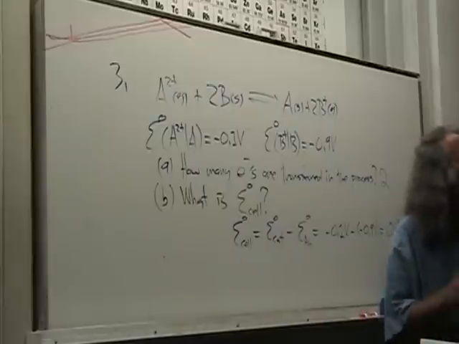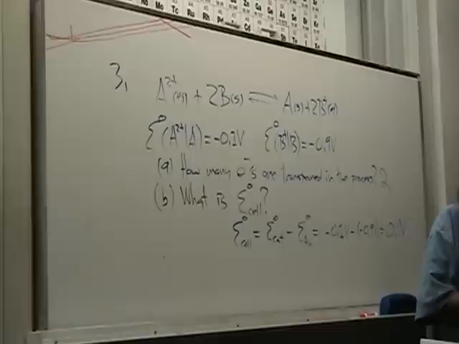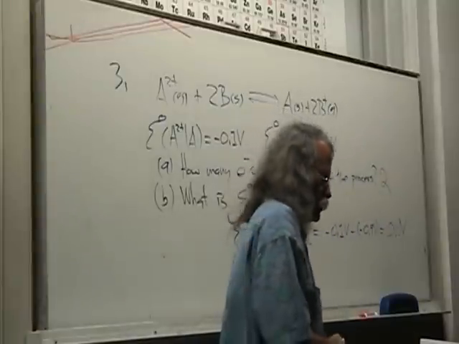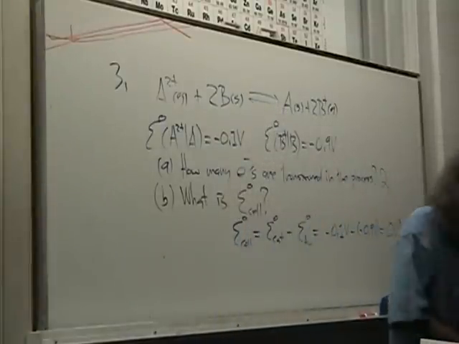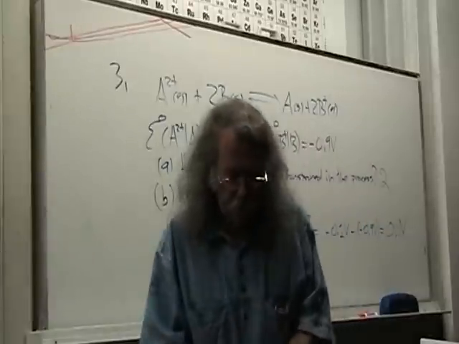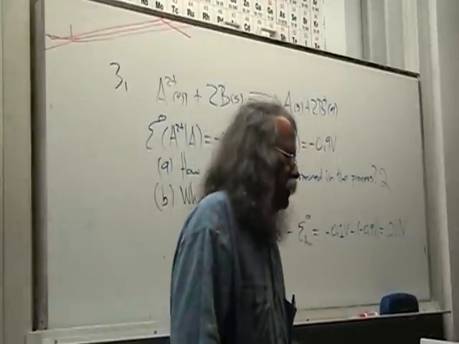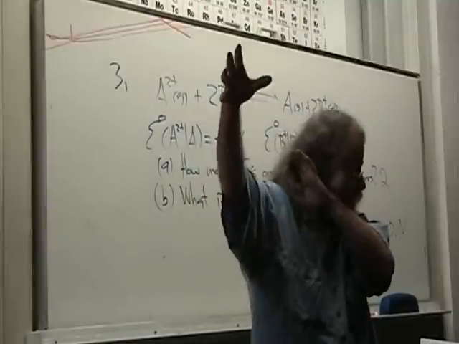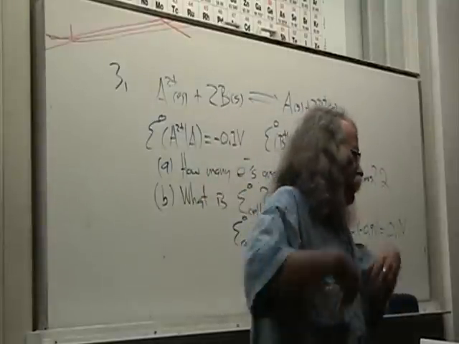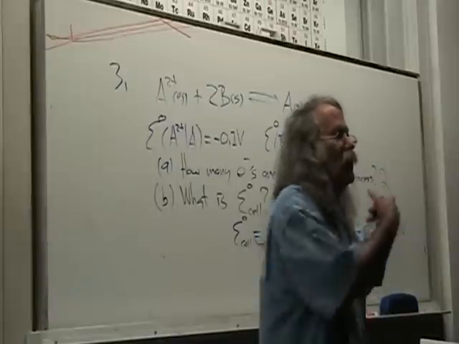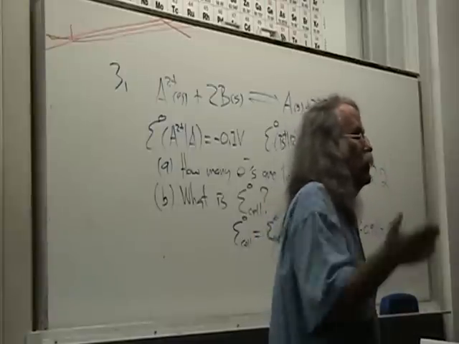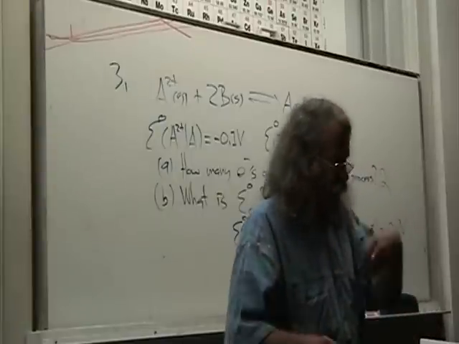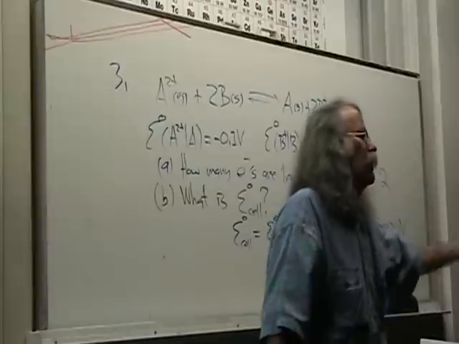Didn't you say the anode was the higher one? No, since we're talking about reduction potentials. The voltage comes from delta G equal to minus NFE, and I want a negative delta G for it to be spontaneous.